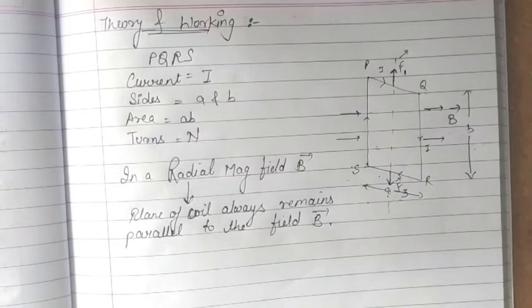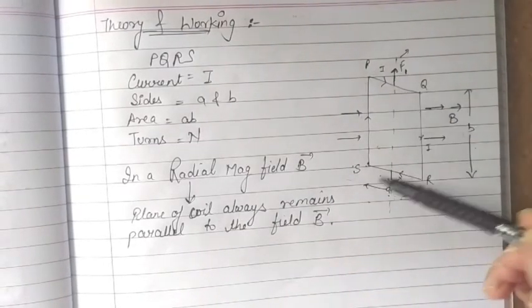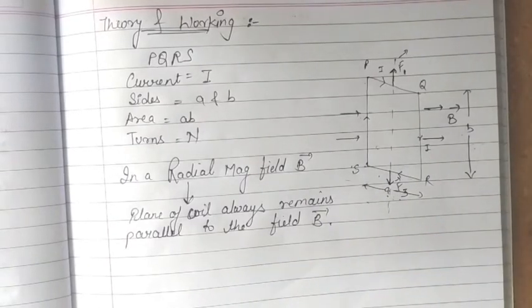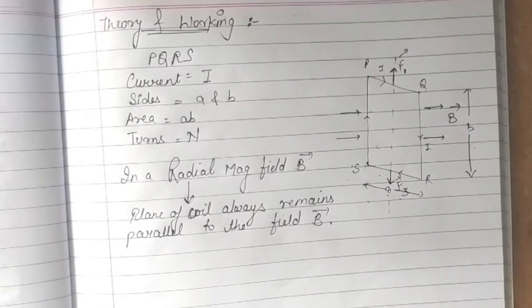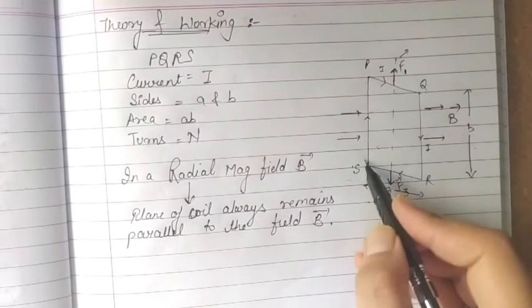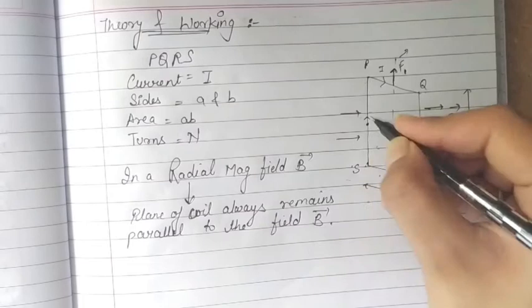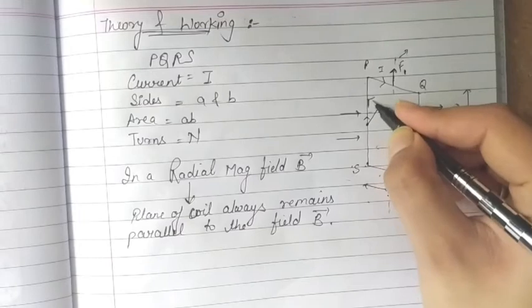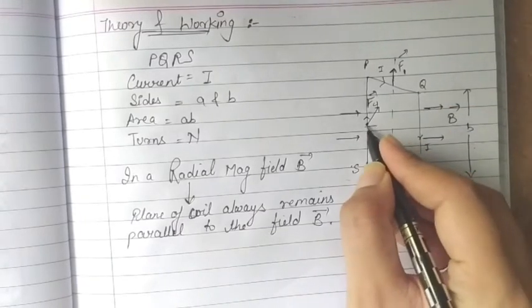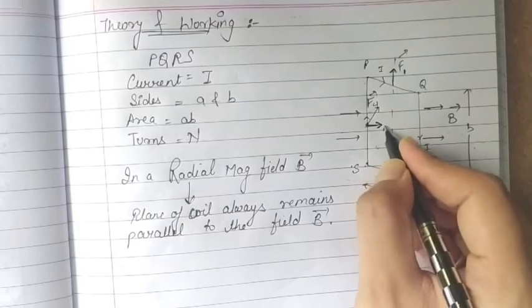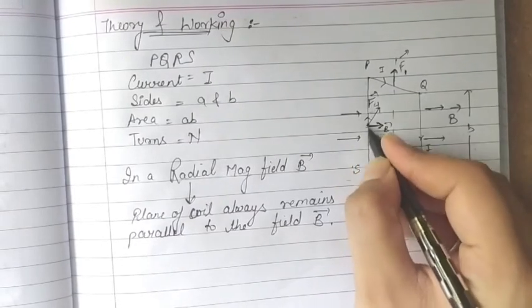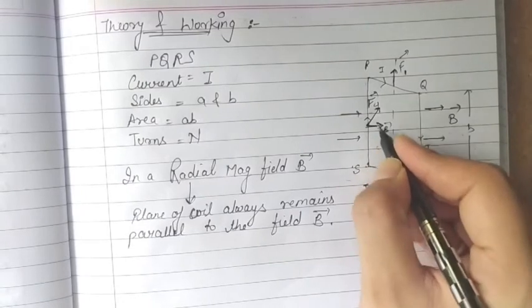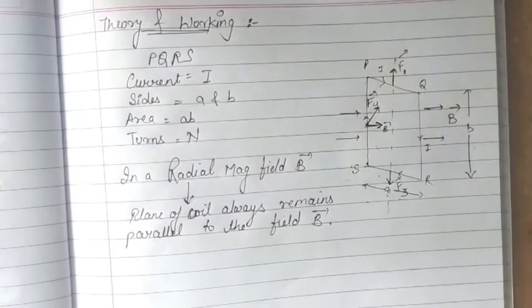Now if we talk about the forces acting on sides PS and QR. According to Fleming's left hand rule, on the side PS there will be a normal inward force. We can find it by using Fleming's left hand rule, as the magnetic field is in this direction, this is B vector, this is the direction of current, and the magnetic force will be inwards.